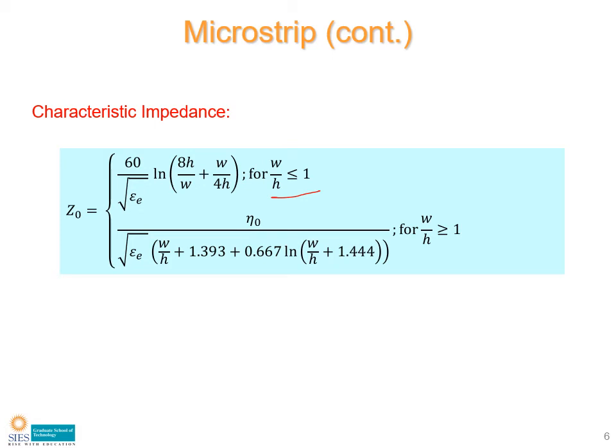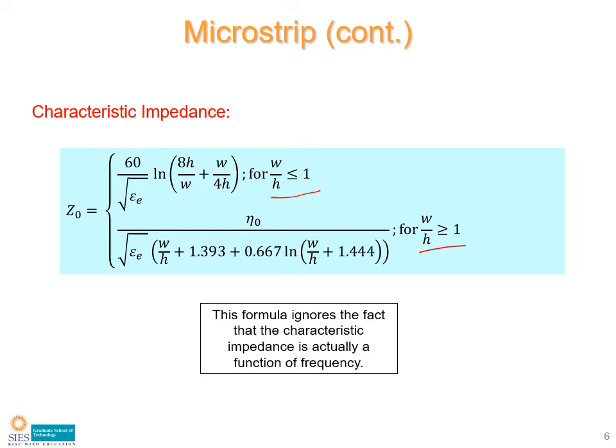Similarly, if the W by H ratio is greater than or equal to 1, we have to apply the formula for Z0 as eta naught divided by under root of epsilon E, into W by H plus 1.393 plus 0.667 natural logarithm of W by H plus 1.444. So this will be the characteristic impedance.